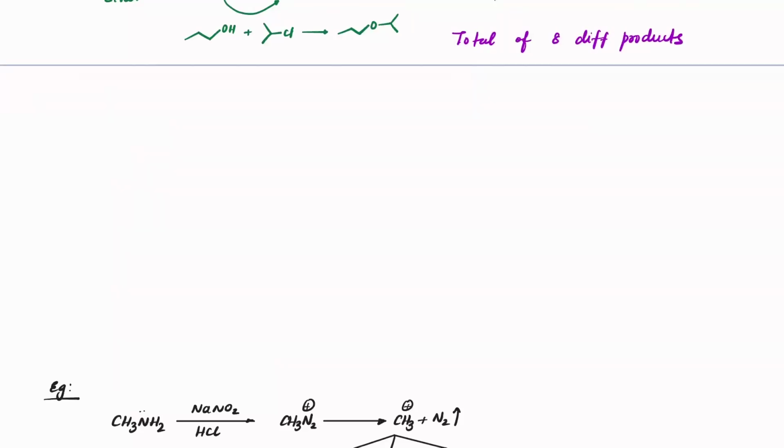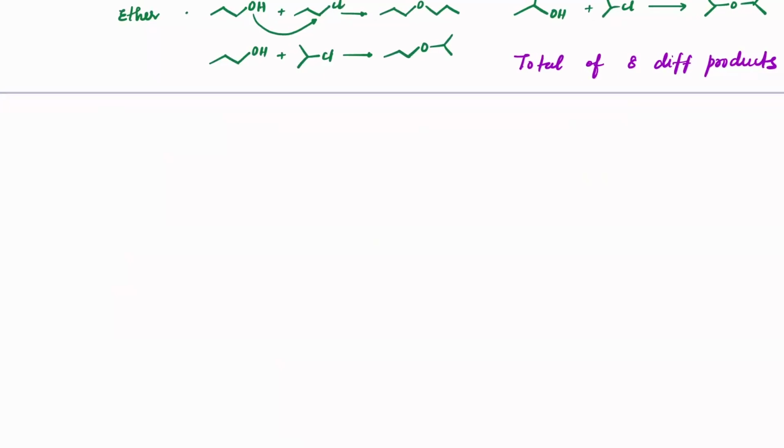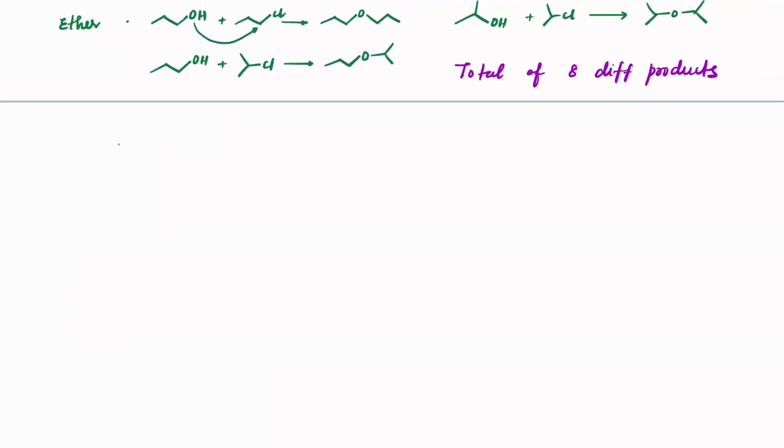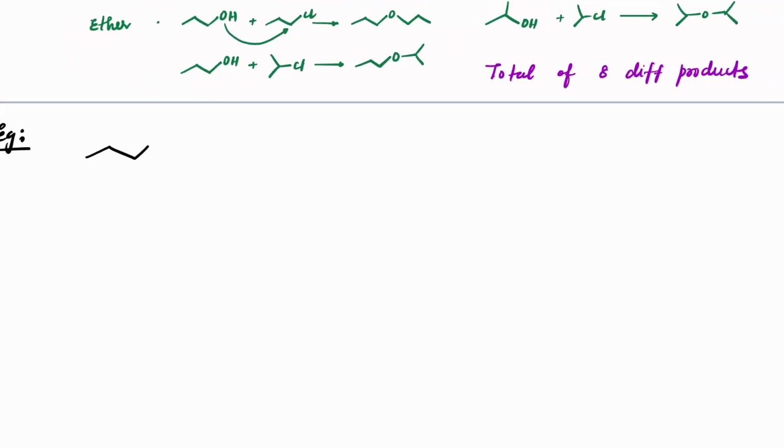What if I give you one more similar kind of question? But this time I'm only expecting alcohol products, correct? So check another example here. What if I give you something like this, methyl, and then I have NH2 here, correct?